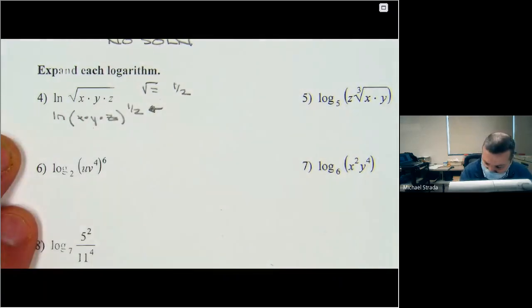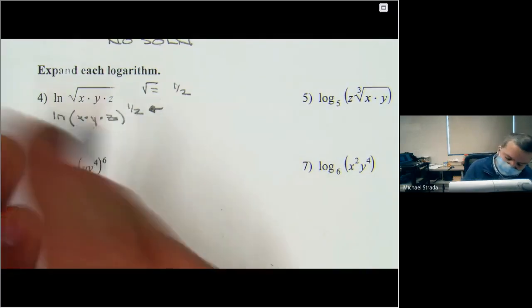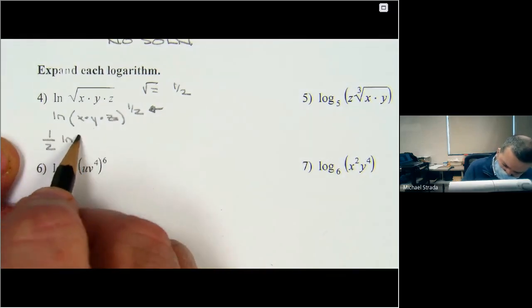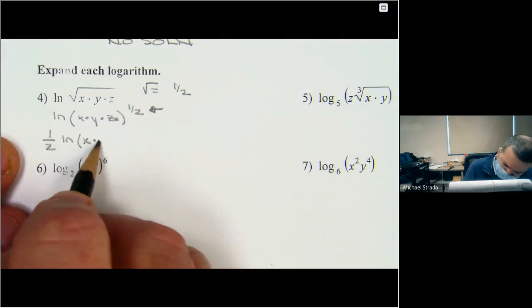Now, from the notes you took the other day, the exponent becomes your coefficient. So 1/2 natural log of x times y times z.